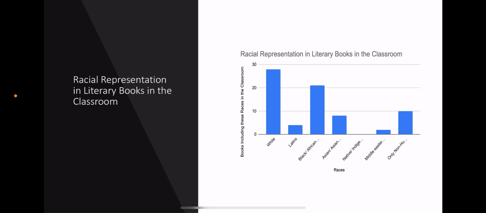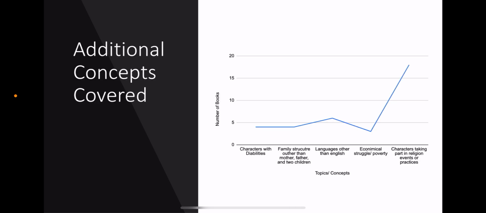Racial representation, mostly white. There was a lot more Black/African than the other categories, which is obviously something to work on, but it also would be a good window as this mostly applies to the demographics in my class.